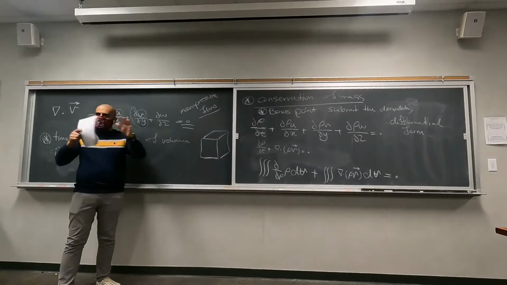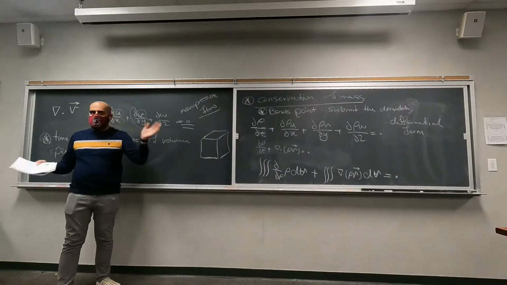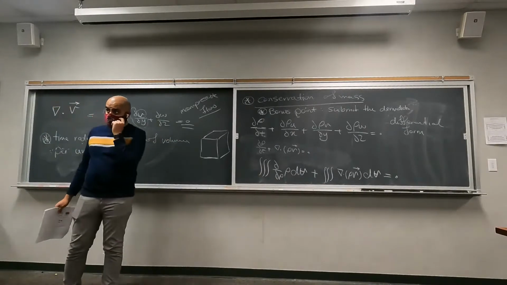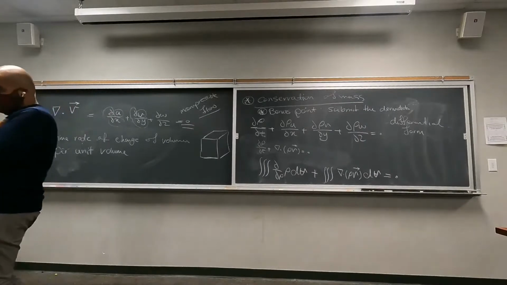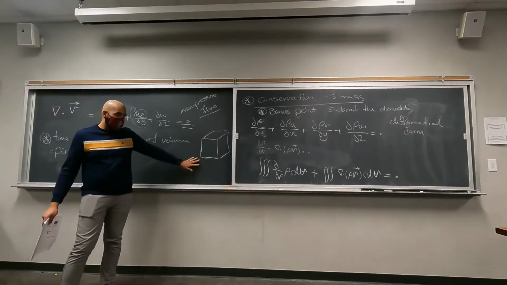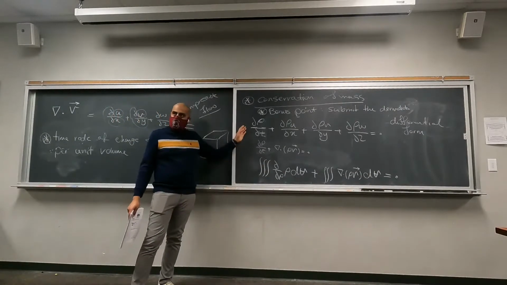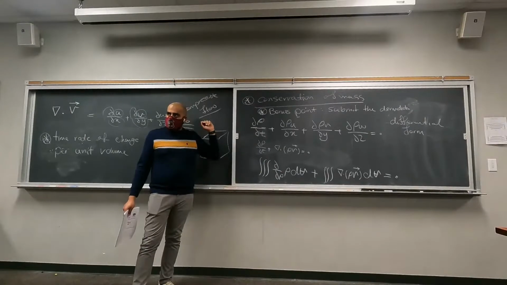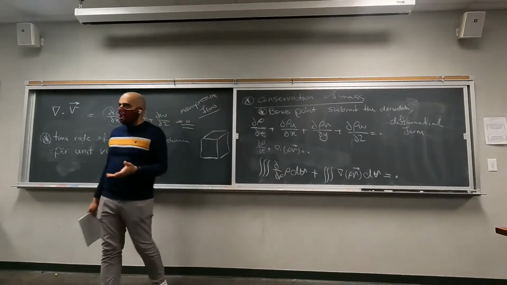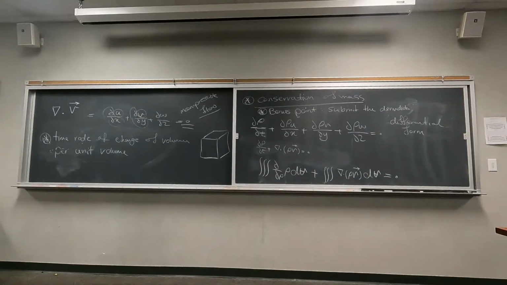Just draw a fluid element, write the masses that are going in and coming out, and then find the equation. I start from a fluid element and find either the integral form or the differential form, so I start from m dot out equals m dot in. Does it make sense?